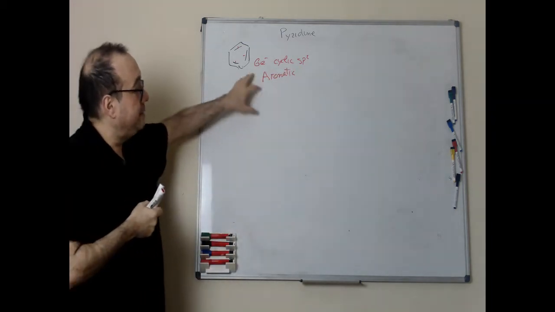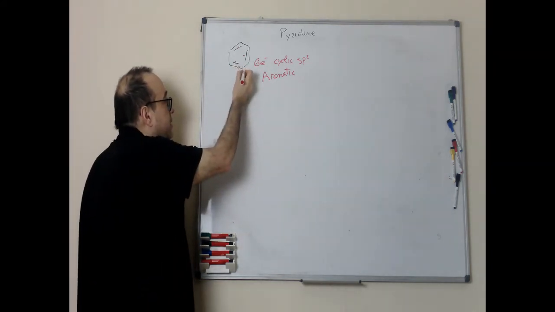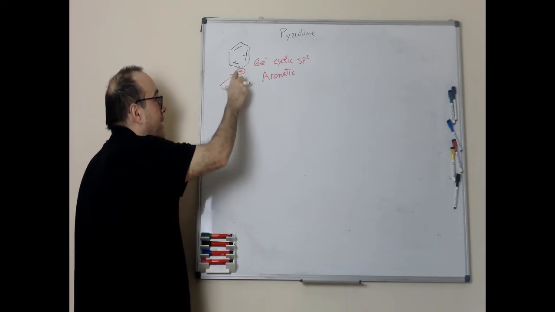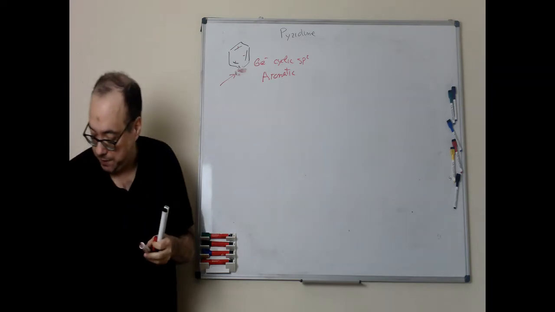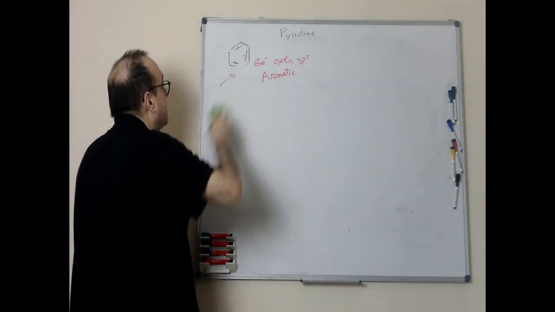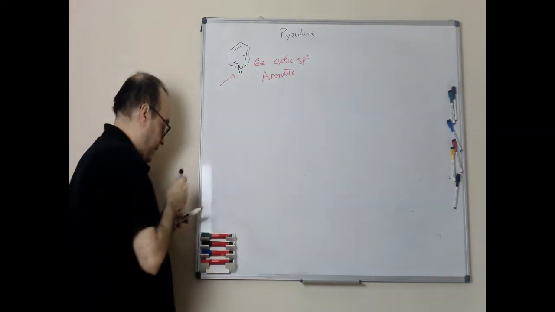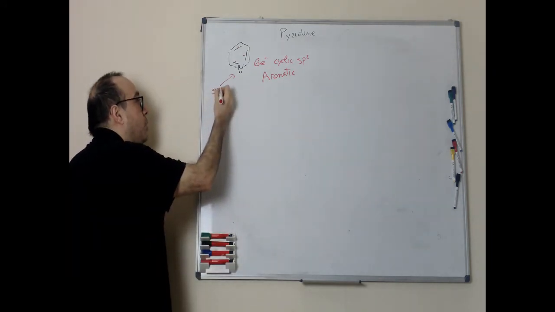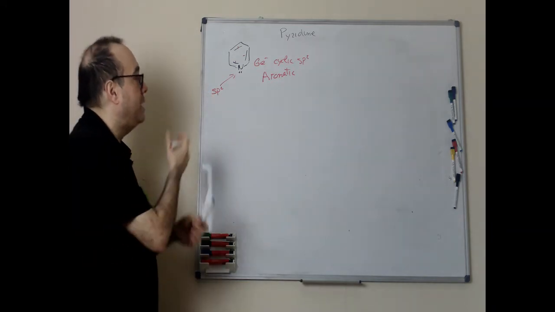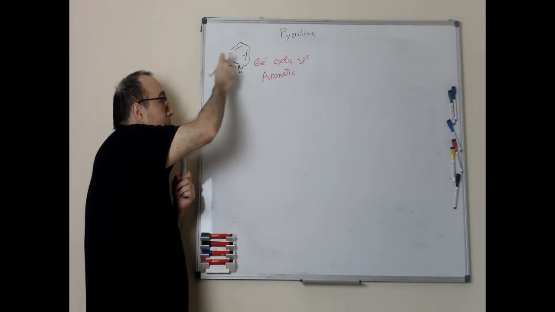An important thing about it is that this pair of electrons of the nitrogen, don't confuse with a negative charge. I will draw it a little bit better. This pair of electrons of the nitrogen are in an sp2 orbital, and are not part of the aromatic system, because the pz orbital is used in this double bond.